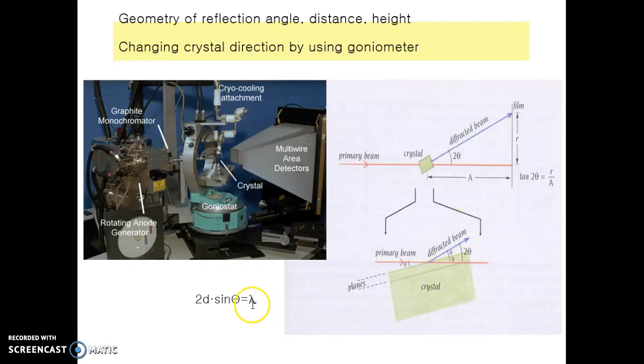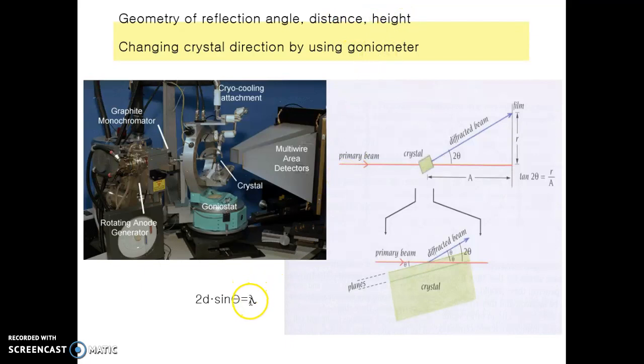And the second parameter in Bragg's law, lambda, is the wavelength of the X-rays you used. We know from the beginning the wavelength of the X-ray we use for this experiment. Simply, theta could be obtained by the geometry of reflection angle, distance, and height.